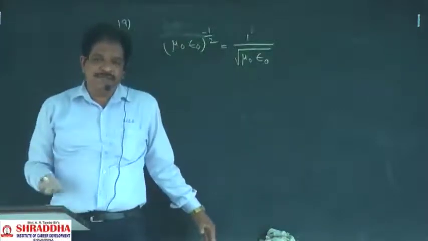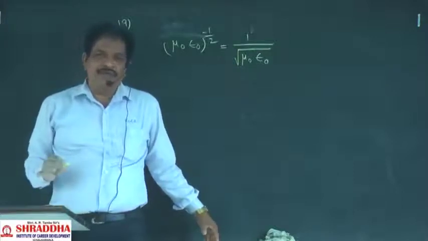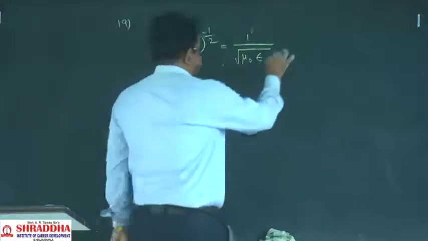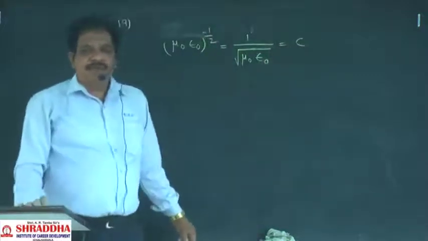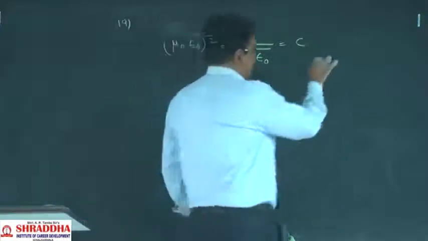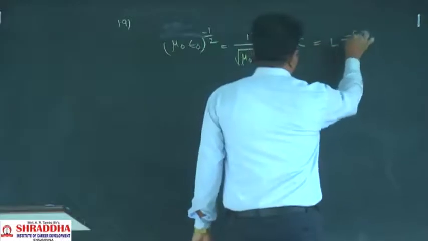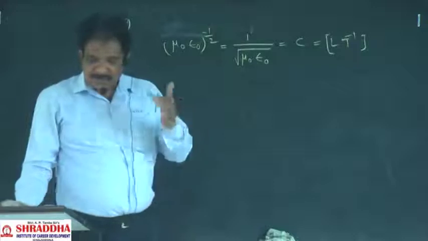Actually this is the formula for velocity of light in vacuum. This value will be equal to C. What is the velocity of light dimensional formula?